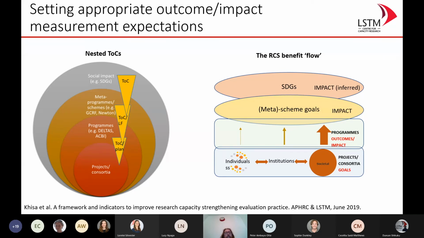Both of these are really around ensuring that you set your expectations at the right level and communicate those to funders.